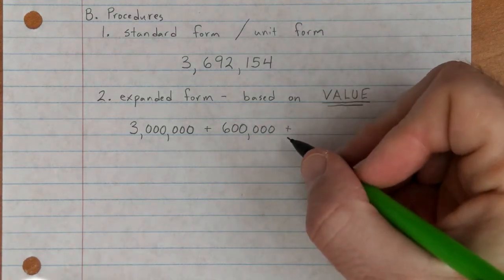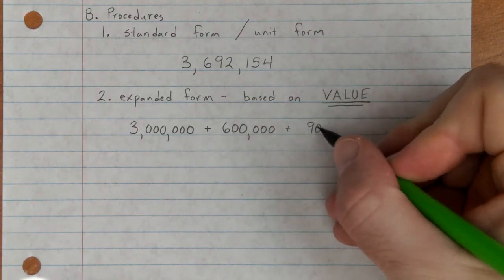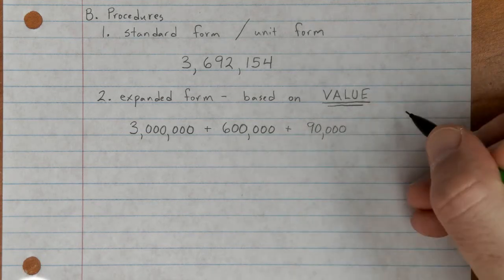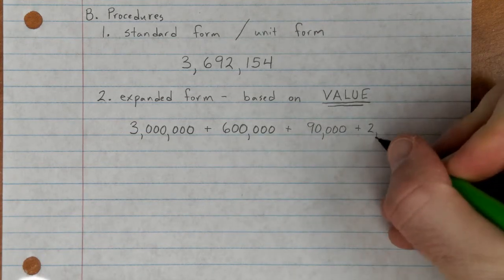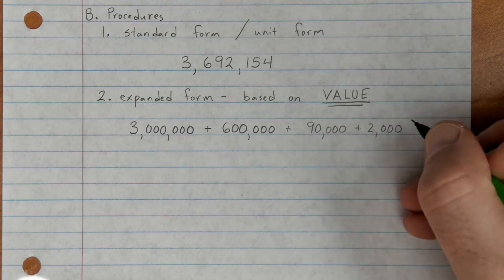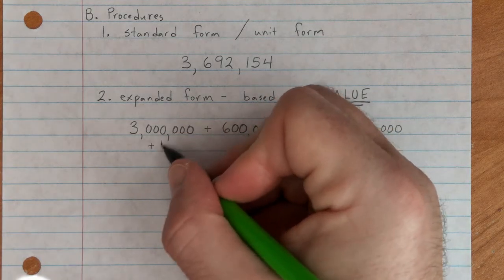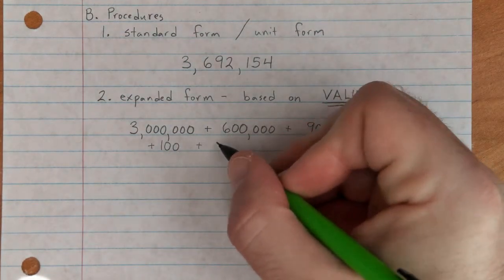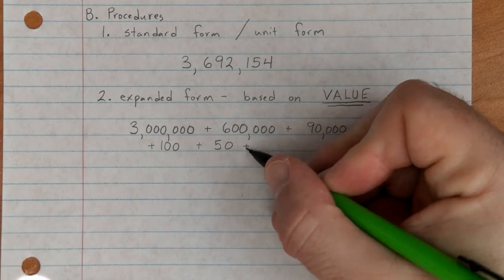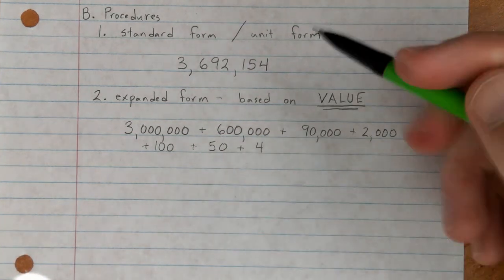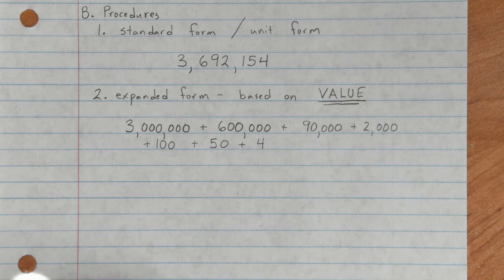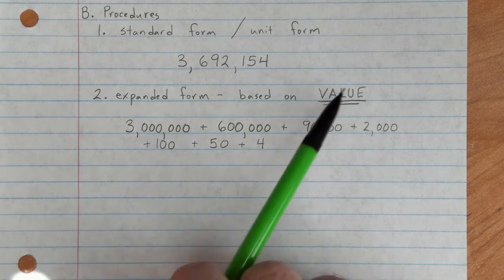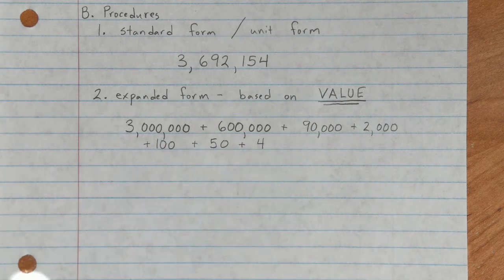So 600,000 plus 90,000 plus 2,000 plus, we've got 100 plus 50, 5 tens, plus 4. So expanded form, we're stretching it out, we're pulling it out, making it bigger. We're showing the value of each digit.